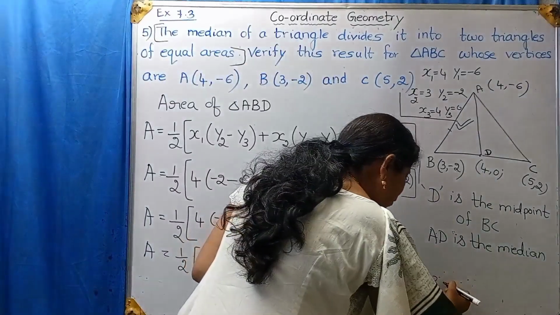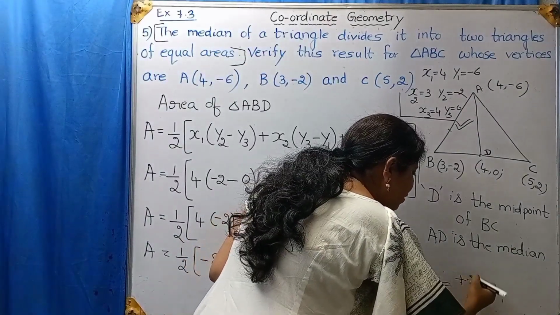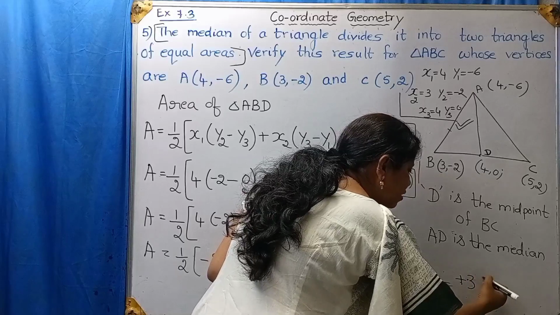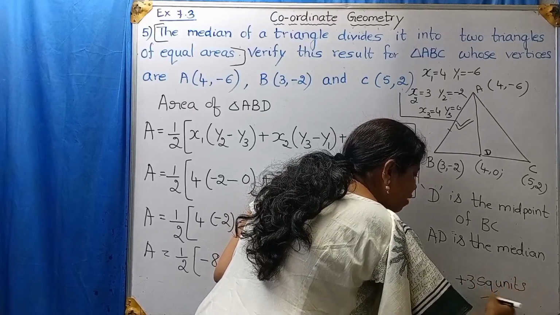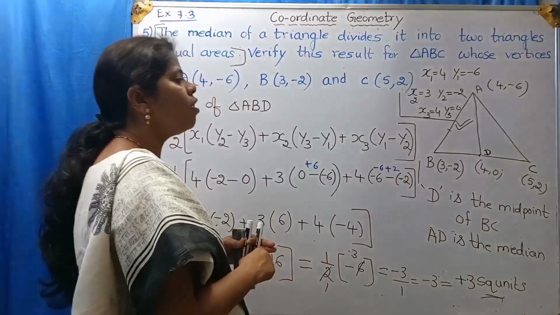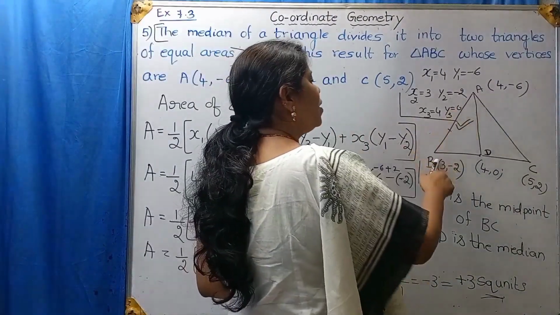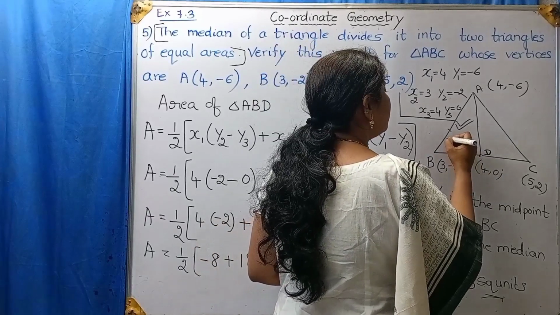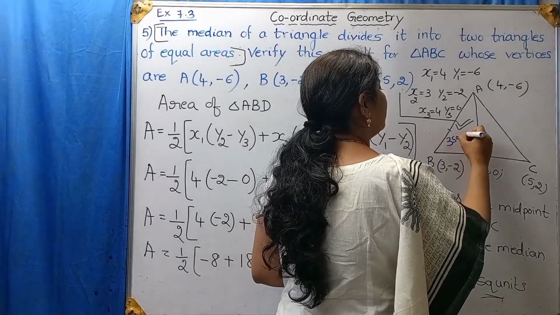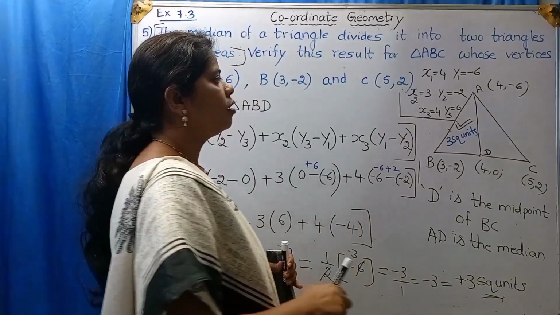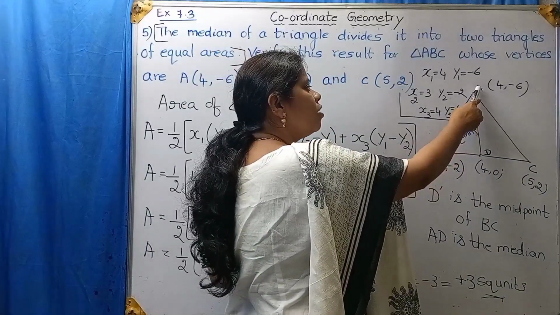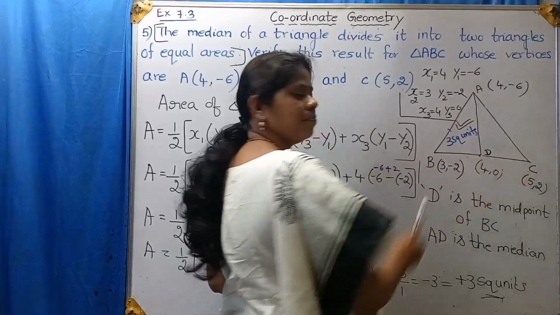Right? Therefore, we can write it as plus 3. Since we are finding the area, we will write it as square units. Plus 3 square units. Area of the triangle ABD is what? 3 square units. Right? Now, let us find out the area of the triangle ADC.